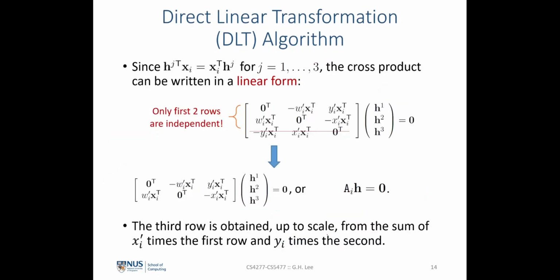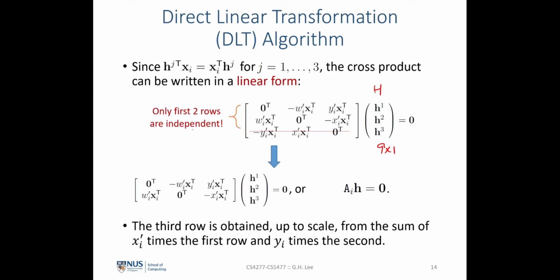So factorizing out the terms of H from the cross product matrix, we can rewrite it into this particular linear form, where we have a known coefficient matrix multiplied by a 9 by 1 vector that consists of all the unknowns in my homography matrix H.